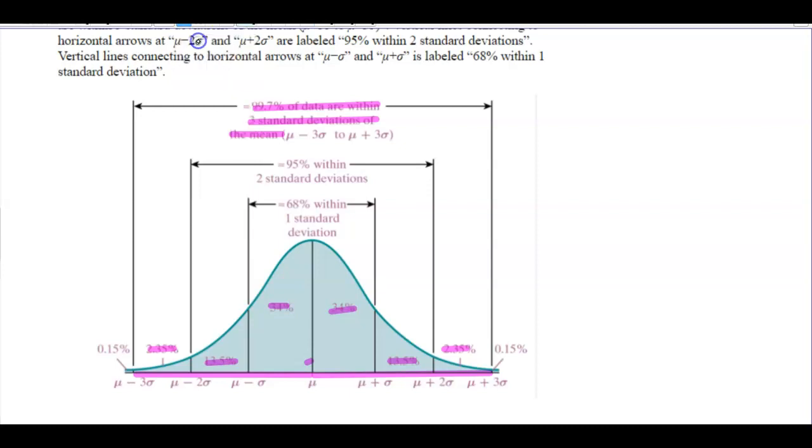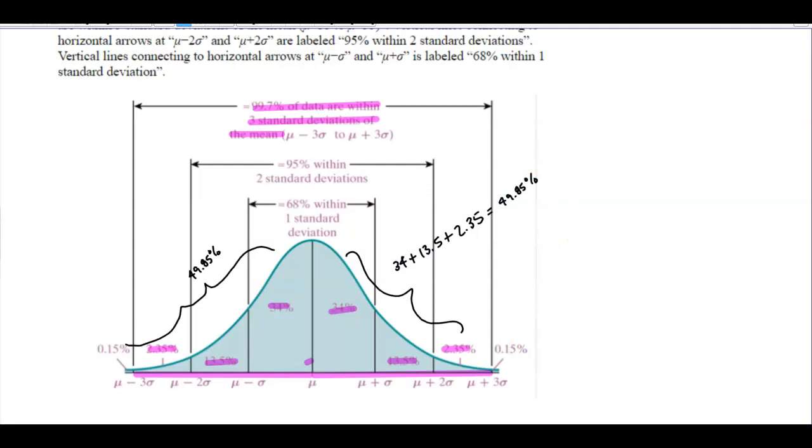So, just like we did before, if we take a look at this 34 plus 13.5 plus 2.35, what does that give us? Well, that gives us 49.85%. Okay, same thing over here, 49.85%.